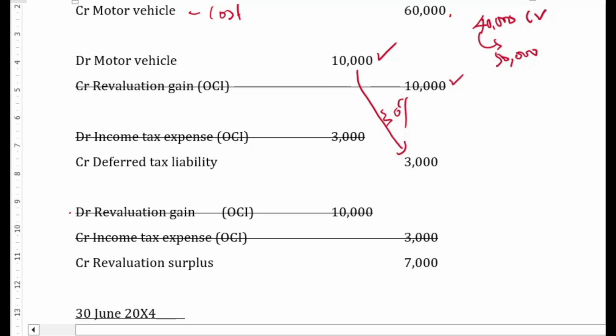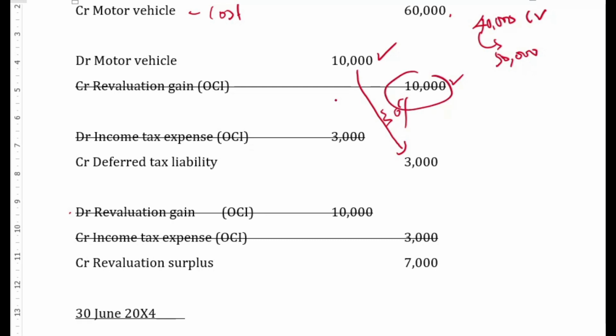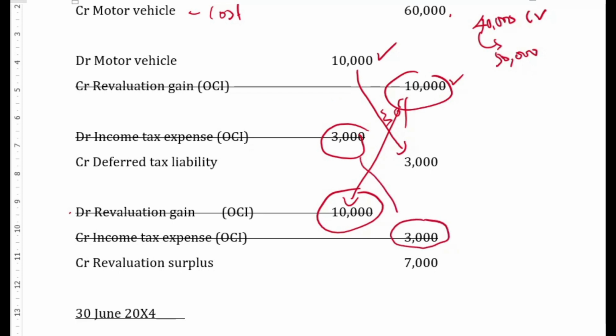At the end of the year, the revaluation gain credit is being debited and the income tax expense 3,000 is being credited in the other comprehensive income, and the net of that is being transferred to the revaluation surplus.